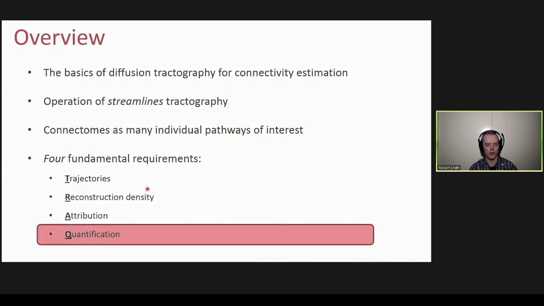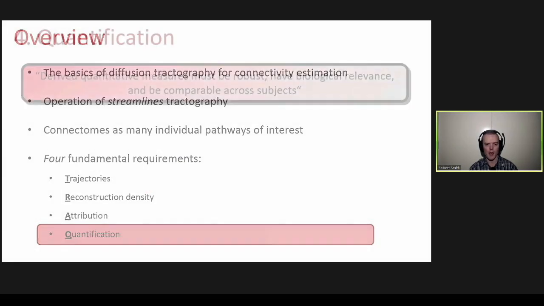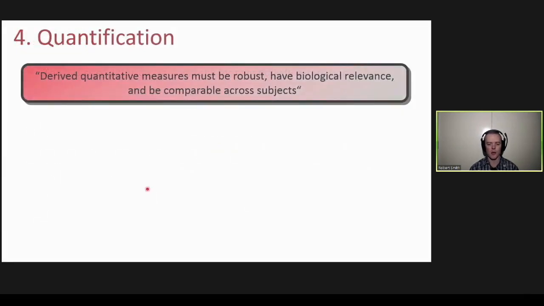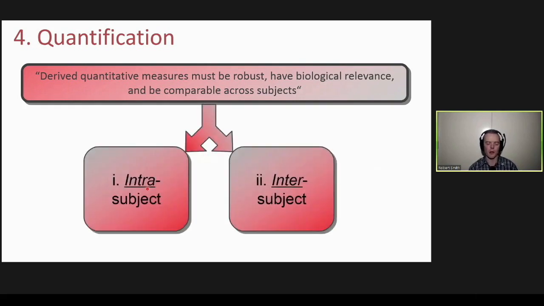Okay, so the fourth requirement in my list is quantification. Basically, we're generating a structural connectome. We want to quantify connectivity between regions so that we can do some analysis on it. But what are we actually quantifying? This again I'm going to break into two different parts. I'm going to focus mostly on what I'm calling here intra-subject.